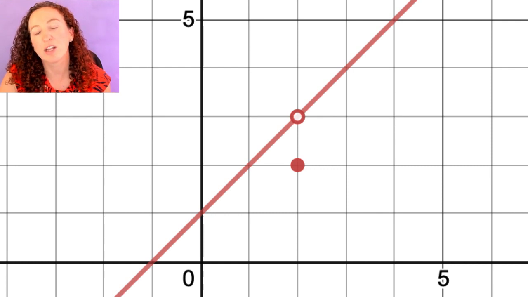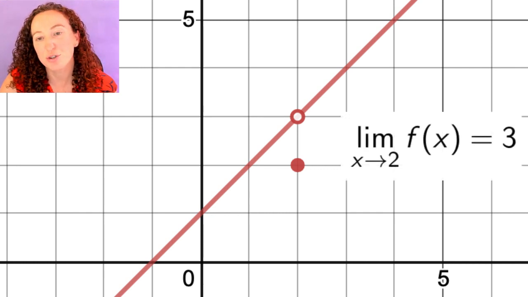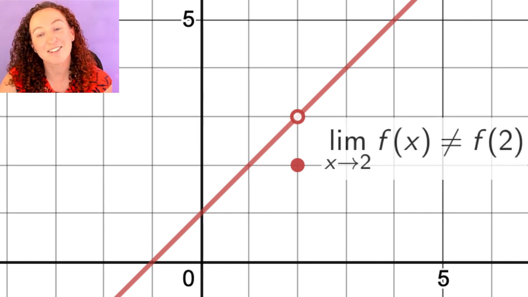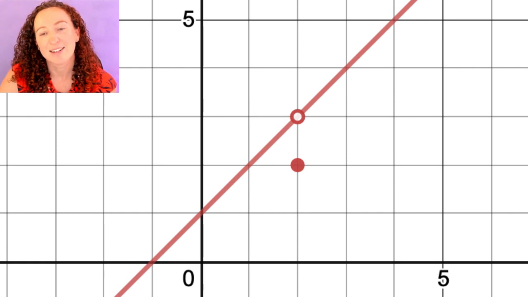And that is because the limit from the left-hand side equals the right-hand side. The limit as x goes to 2 of this function is 3. Notice that that does not equal the function value. We have a discontinuity, but there is a limit as x goes to 2, and we can find that.